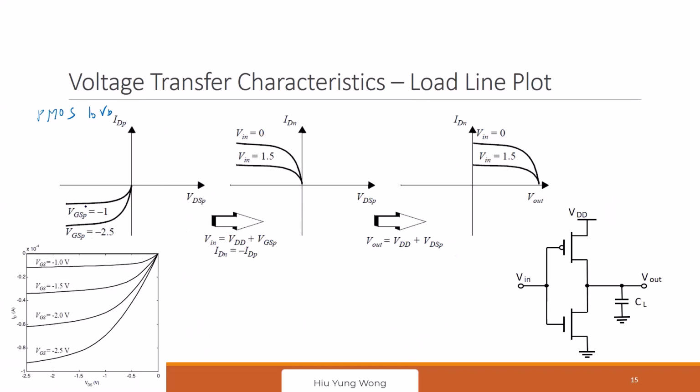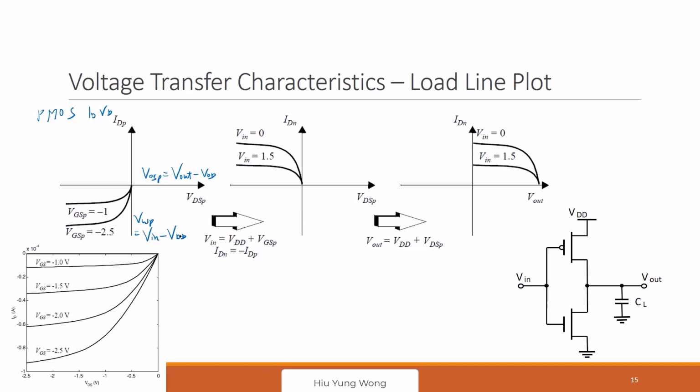Let me repeat one more time. VDSP is equal to V out minus VDD, and VGSP equal to Vin minus VDD, okay?